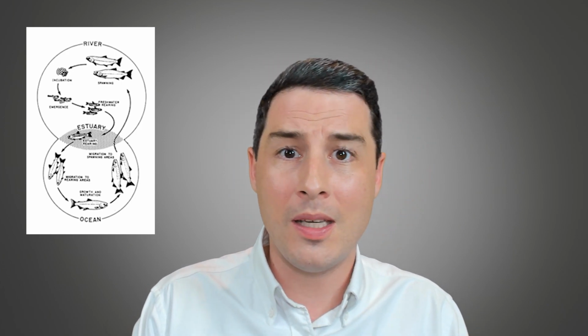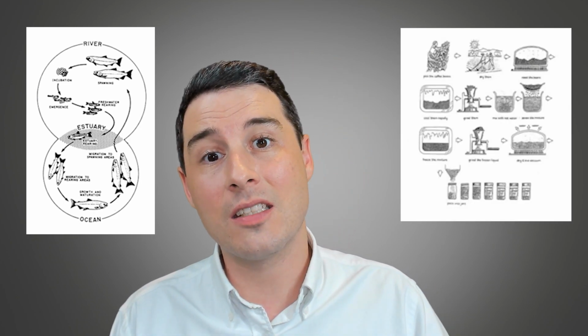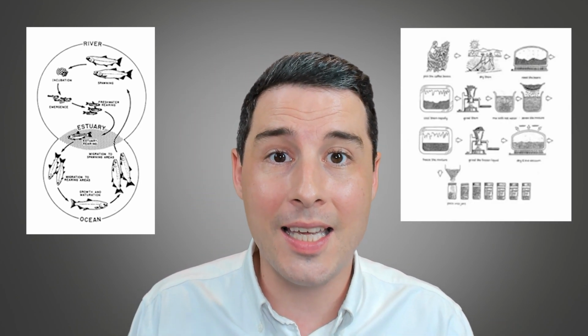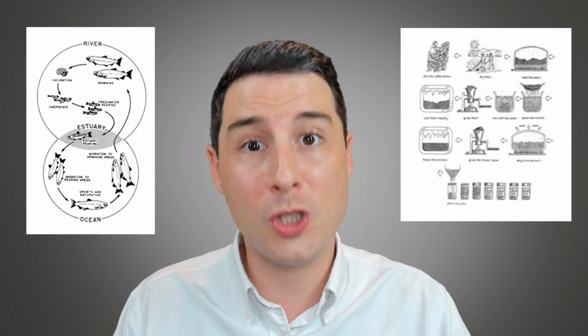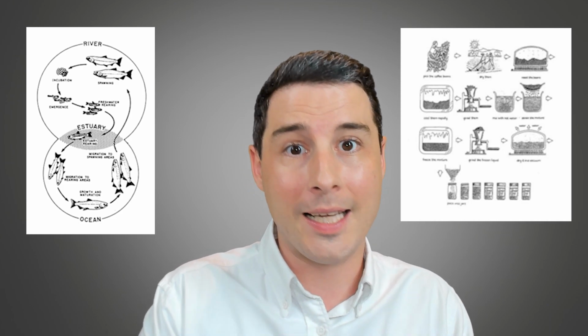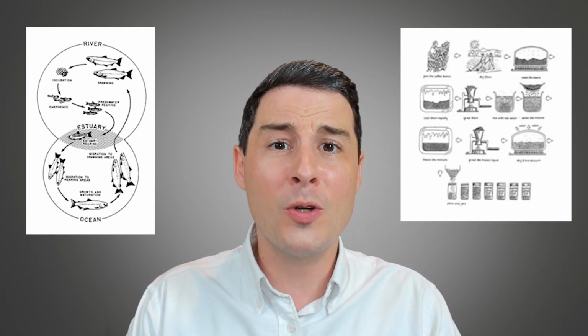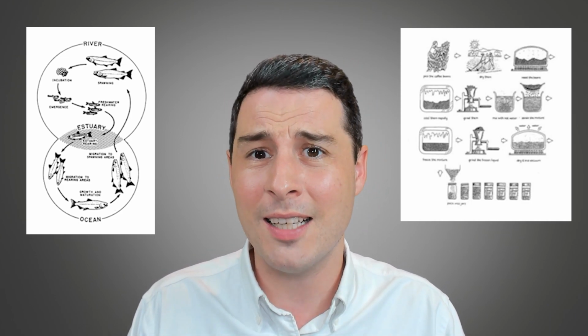But it's not always going to be a natural process. You also have to be ready to expect a man-made process, something like this. You can see here it's a production process, so how humans produce something from the beginning to the end. But again, with a process, you will be summarizing.